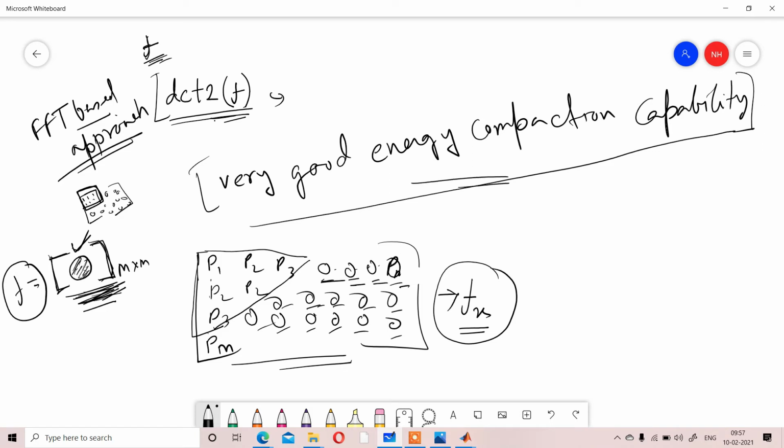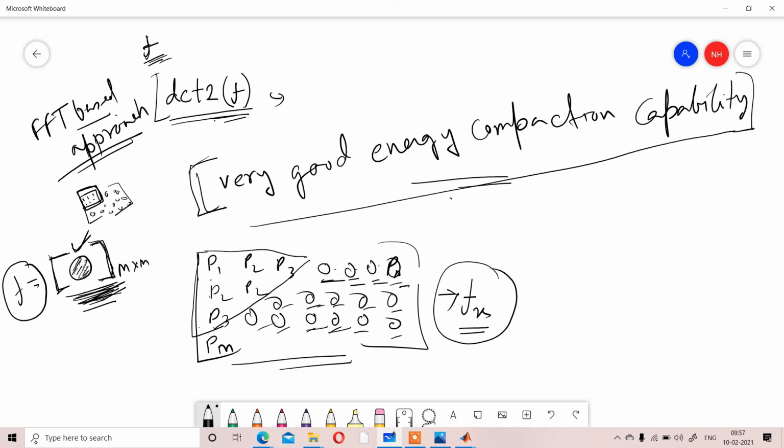If that capability exists, within very few pixels you can represent the maximum information of the image, and other pixels will define the few other pieces of information available. So if you get an image that has very good energy compaction capability, and we calculate the DCT by considering only those pixel positions which contain the maximum information, keeping all other values reduced, I have shown here that we are reducing them to 0.